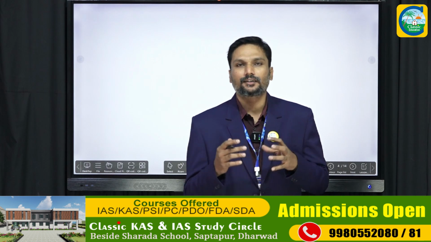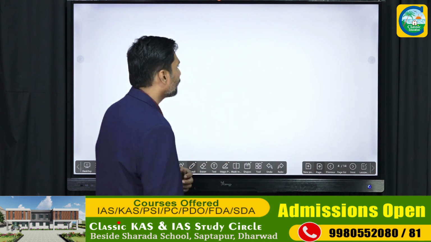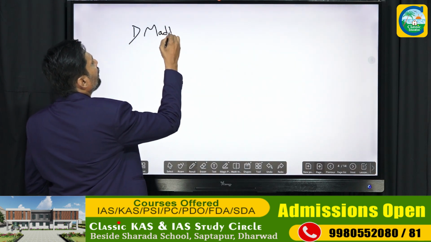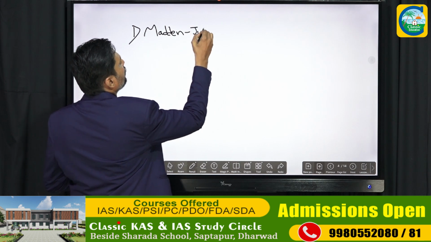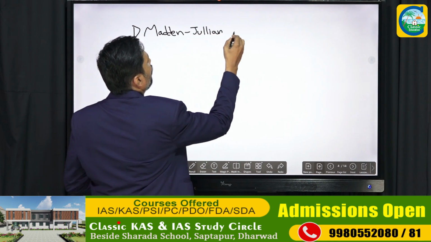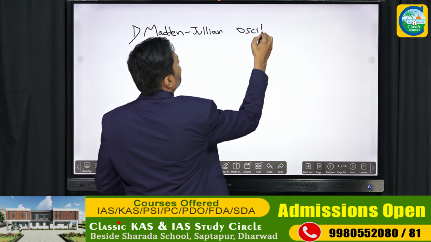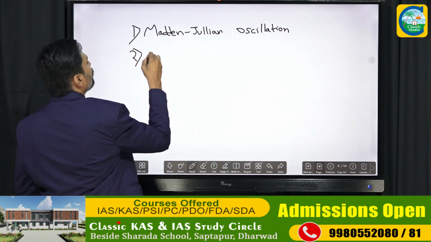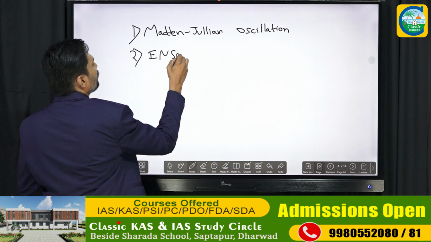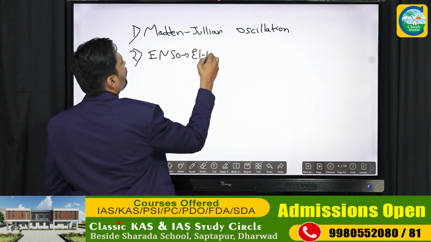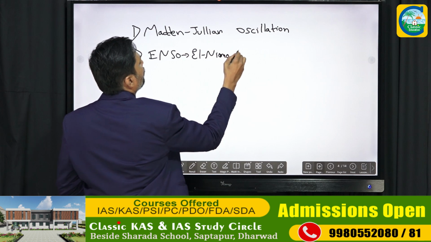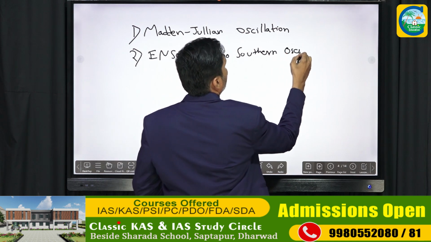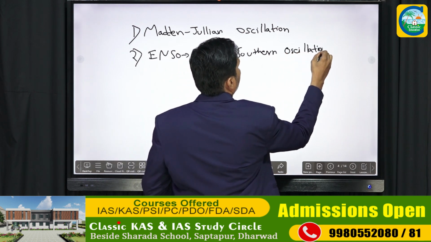The forces which generally decide the onset of monsoon are, the first one is the Madden-Julian oscillation. The second one is the ENSO, as in El Nino Southern Oscillation.